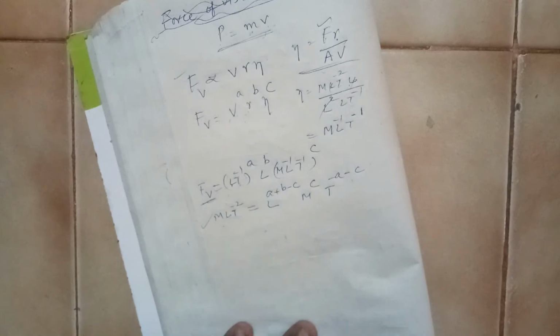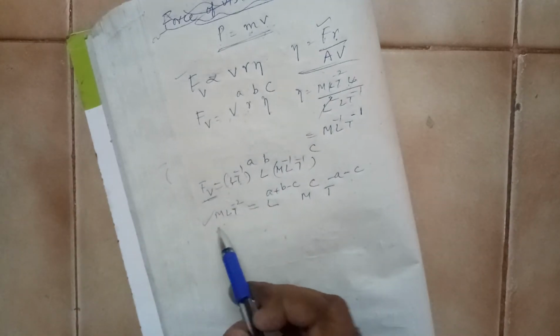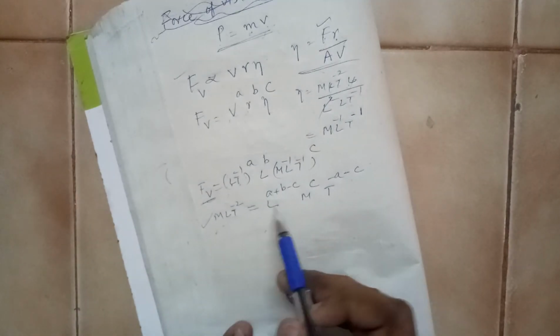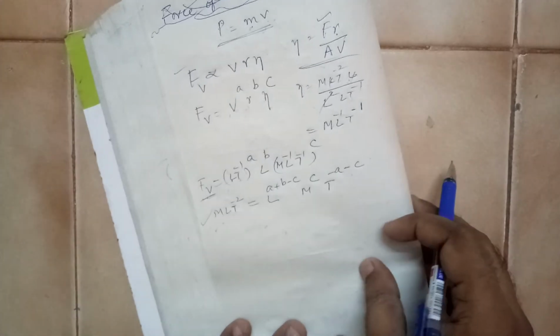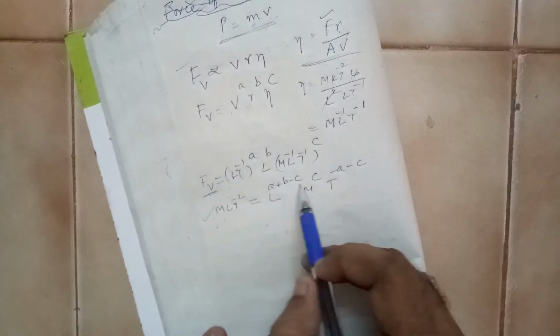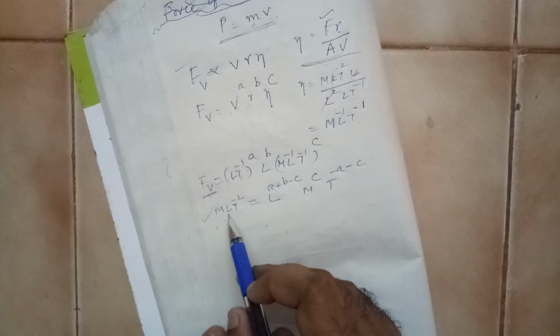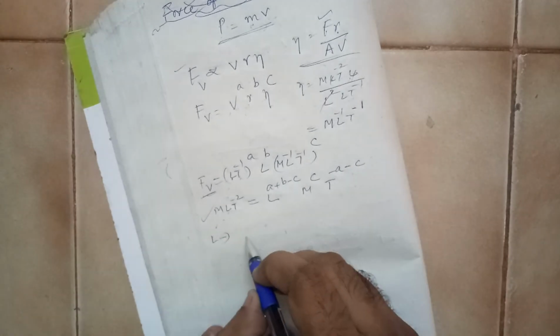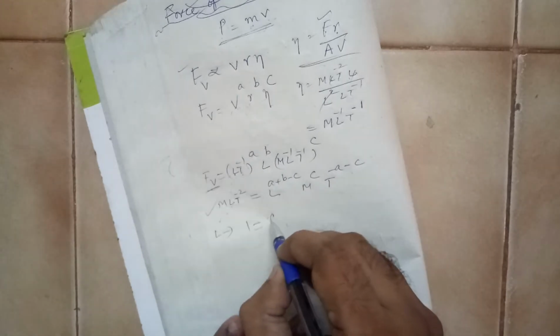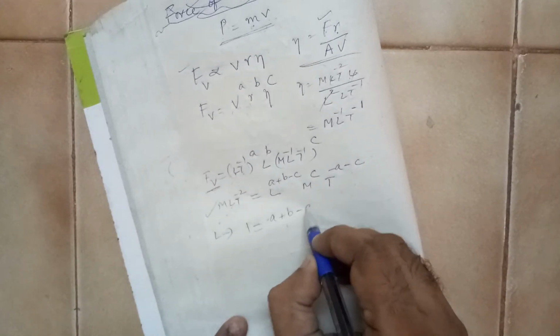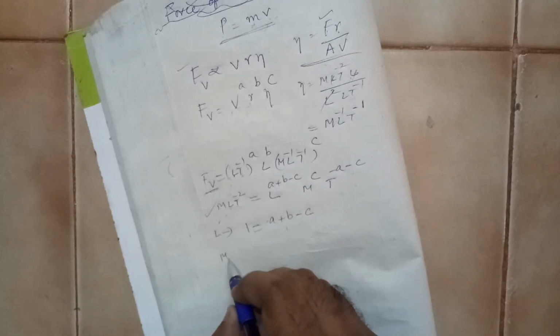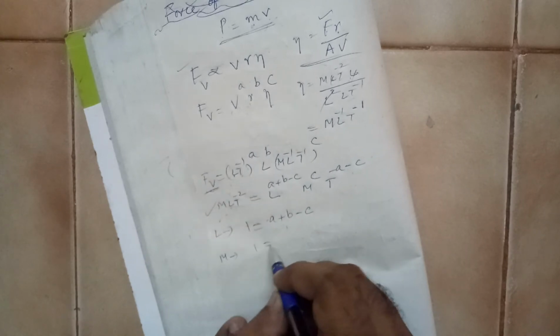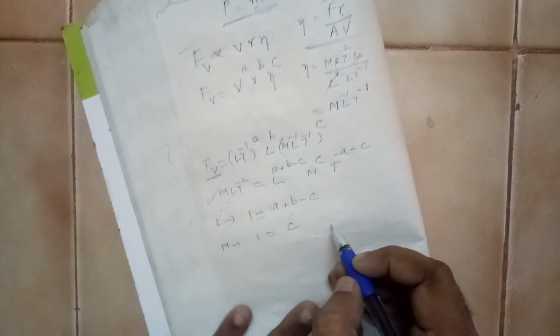Once this step is done, see the left hand side and the right hand side, you have to correspondingly compare the powers of L, M, T to solve the unknowns. So if you see here there is L power 1. If I take the power of L, 1 is equal to a plus b minus c. If I take M, 1 is equal to c.